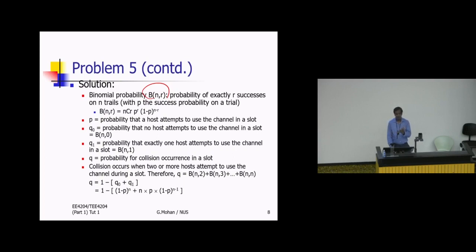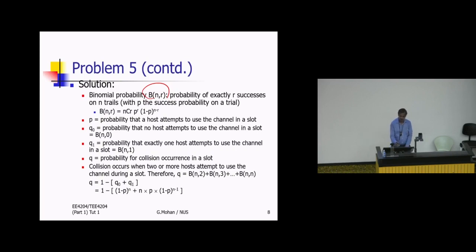Similarly, 2 heads, the remaining are tails, 3 heads plus the remaining tails. So these are different combinations. What is the probability that out of n tosses or trials, you get r successes, where r is less than or equal to n?